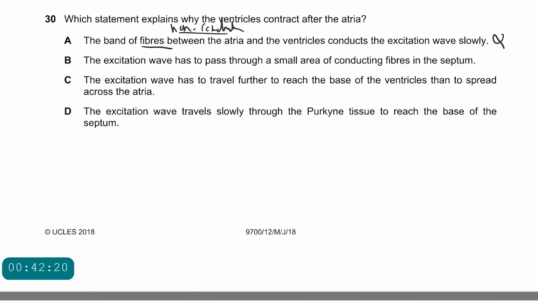For B, the excitation wave has to pass through a small area of conducting fibers into the septum. Here it's talking about the AVN. The role of the AVN is that it delays the impulse and relays it. It delays it 0.1 seconds to give a chance for the atria to contract first before the ventricles. So this is totally correct.